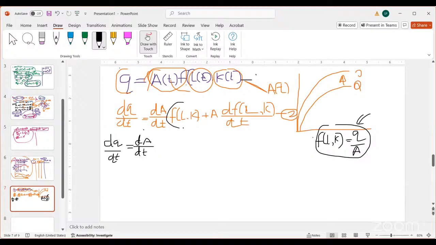And here for the production function I replace it with Q over A. So that is from this plus, and for this A also I can rewrite the Q divided by A from this term and rearranging this one.